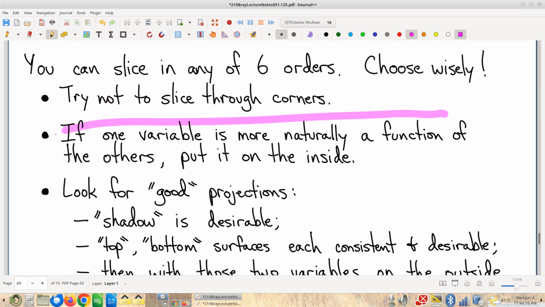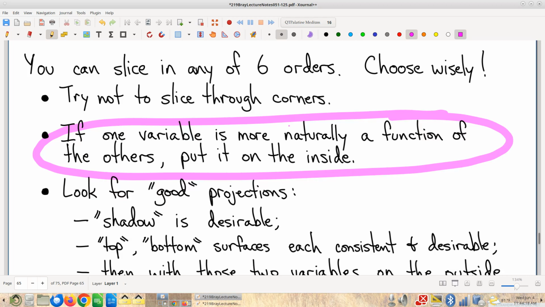Think about which variable you most conveniently and naturally want to view as being a function of the others, if such a variable presents itself. And if so, put it on the inside, where you will have to solve for it in terms of the others. If you don't make that choice, then you're going to have to solve for one of the ones you don't want to have to solve for, and bad things again happen.